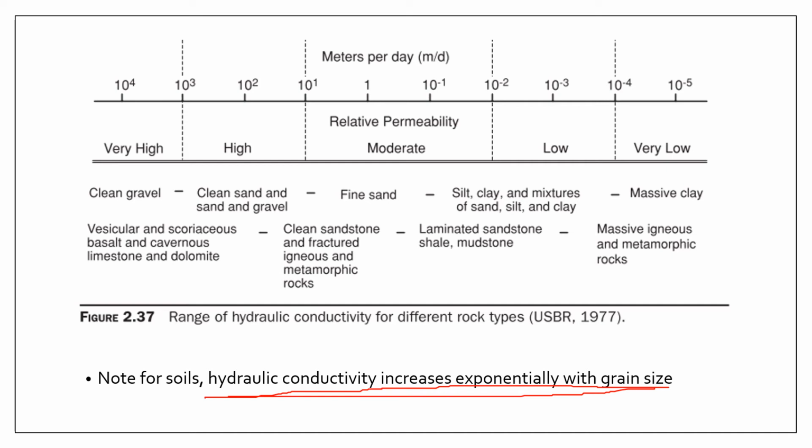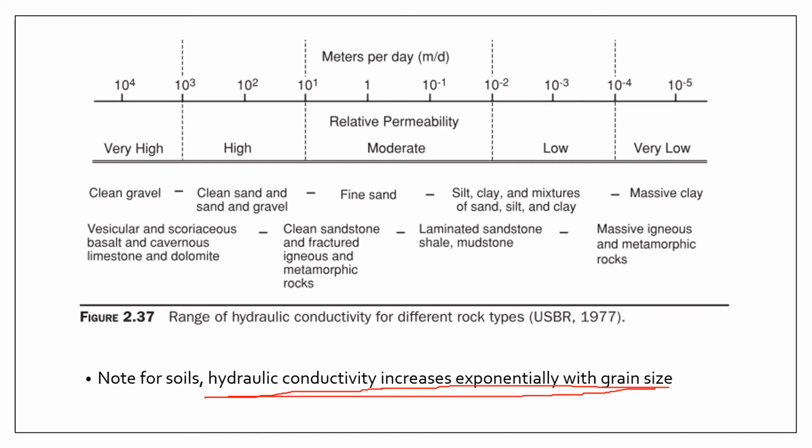So in hydrogeology, identification of the soil is very important, because soil types can drastically change your estimate of hydraulic conductivity.